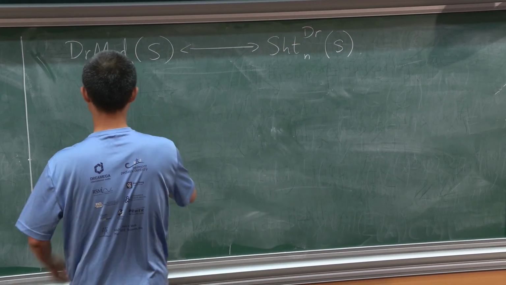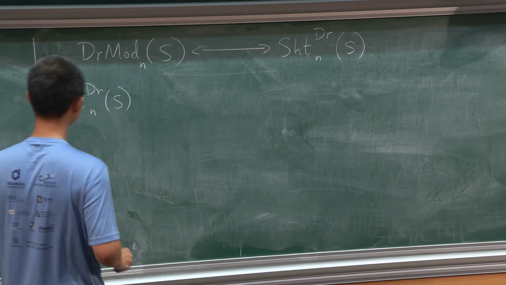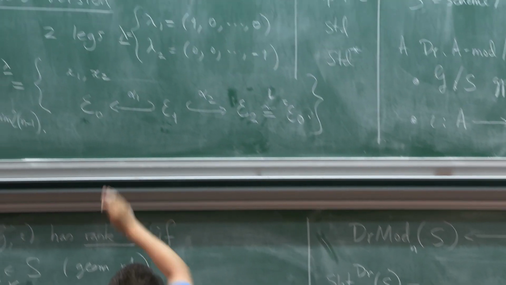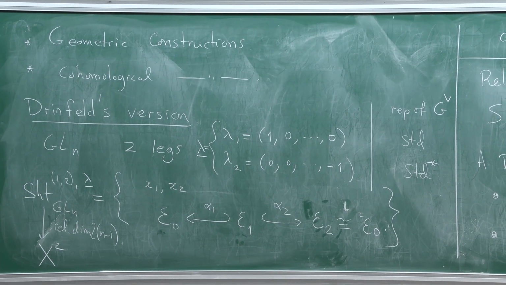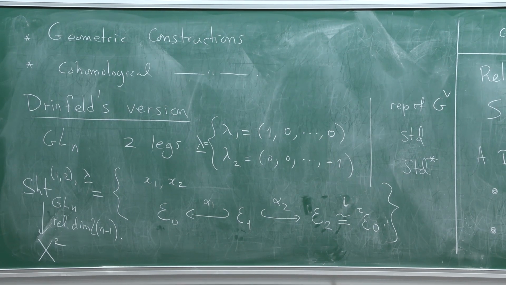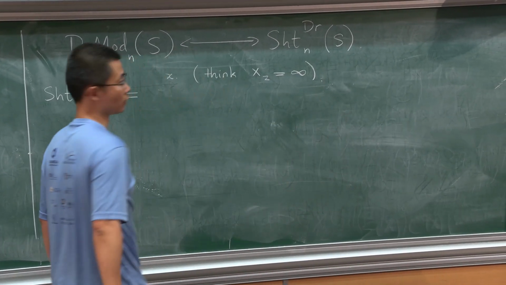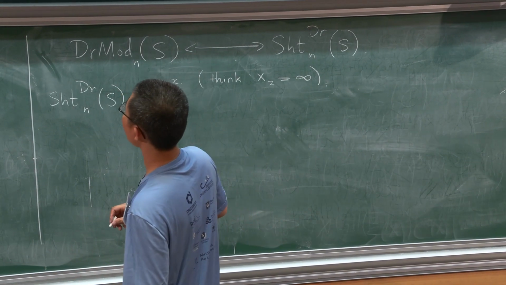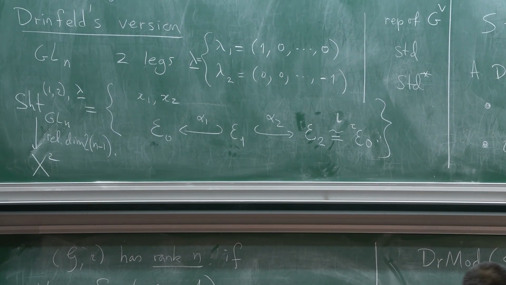So let's define Shtuka dr. It's very much like this, except first x2 I always take it to be infinity. Okay, so there's only one moving point, and we should think x2 is at infinity. Also, my bundle data is slightly more refined.